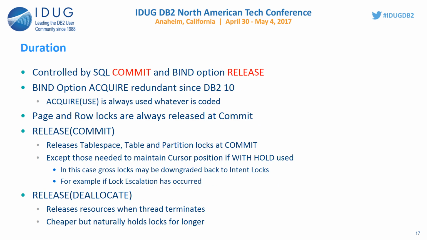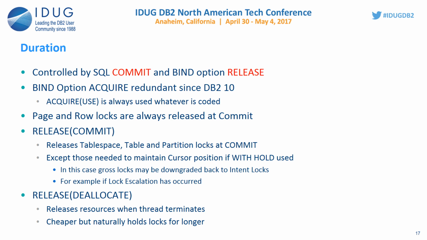So let's cover duration. So we've covered scope and mode. So next thing is how long the lock is being held for. Now there are two bind parameters. There's a bind parameter called acquire, and there's a bind parameter called release, and there's your commit in your SQL. And between them, those things control how long locks are being held for.